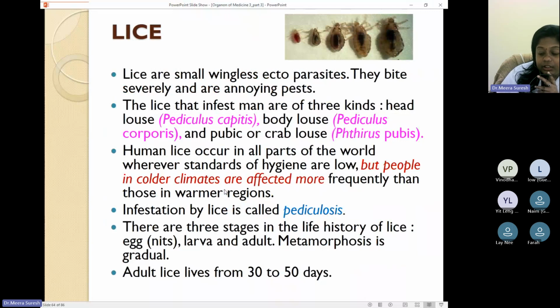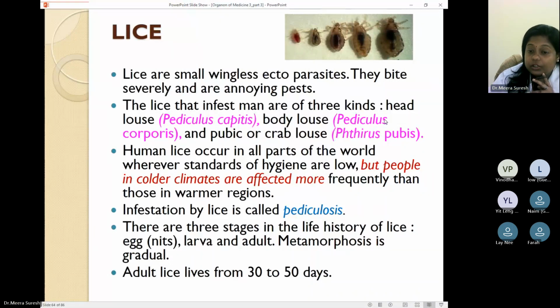So when we say that mosquitoes are signs or an index of insanitation, lice are another indication of a low standard of hygiene, especially personal hygiene, because these lice are seen on the human body or on domestic animals. So it is more than environmental. Environment is also a factor, but personal hygiene matters more.